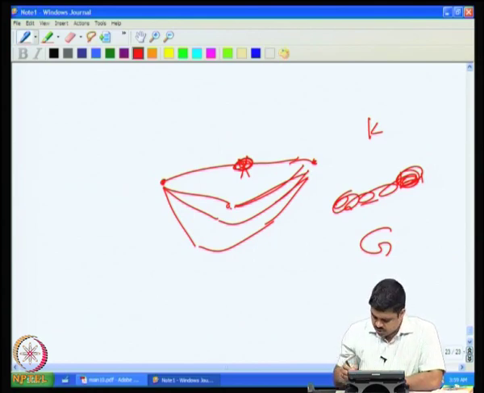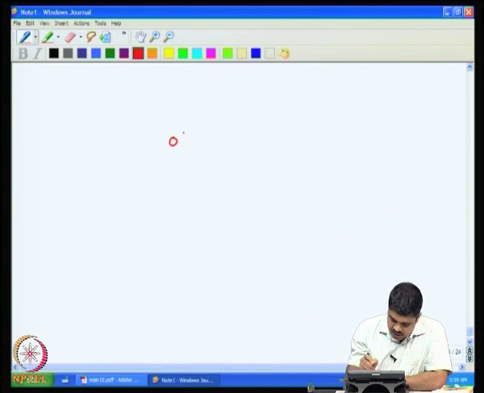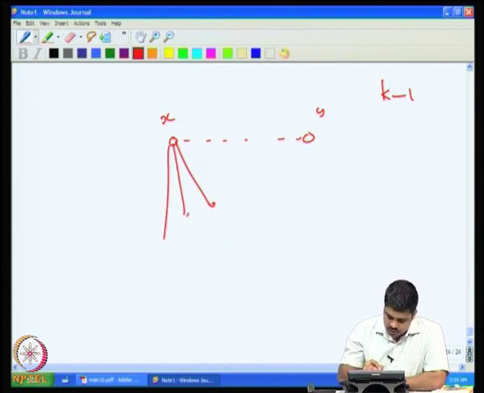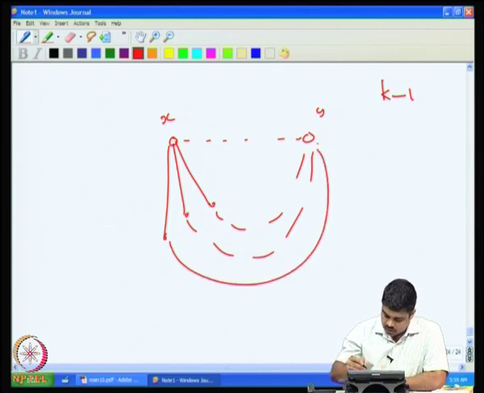That will be a contradiction. How do I do that? Suppose this is the edge xy. I remove this edge. Now by assumption we have only k minus 1 disjoint paths between x and y. So one is gone now. How many more are left? At most k minus 2 paths are left.